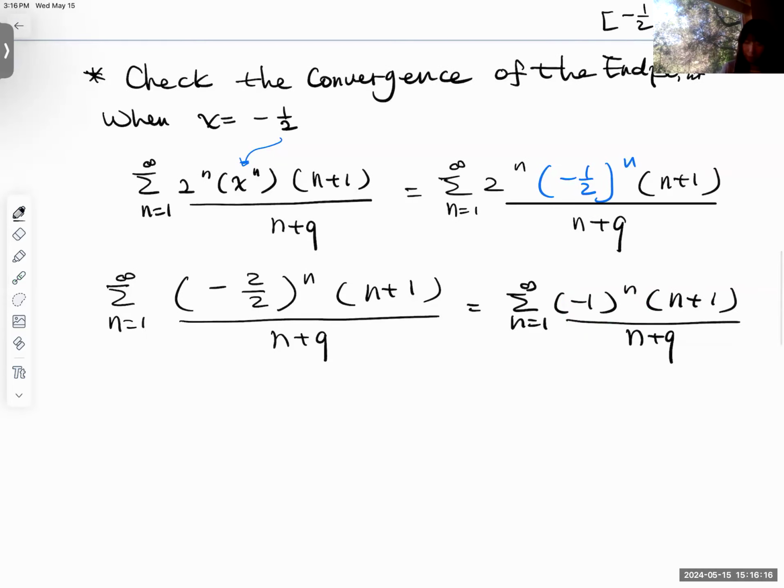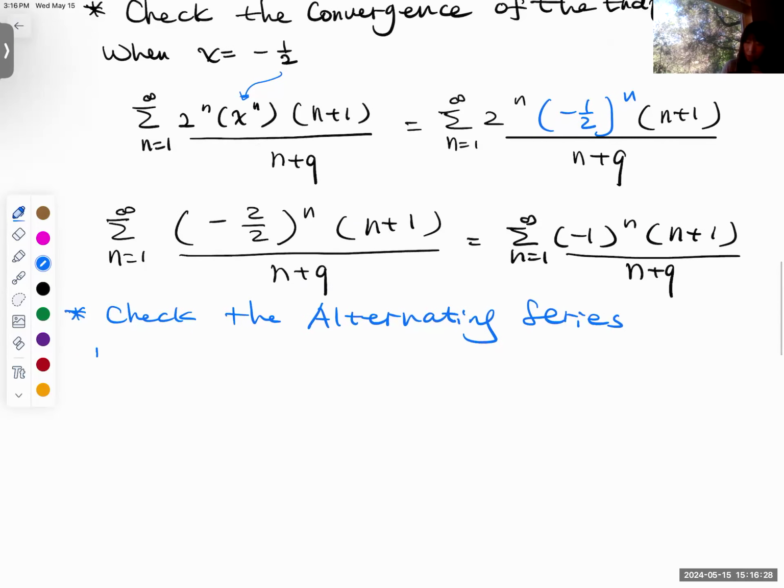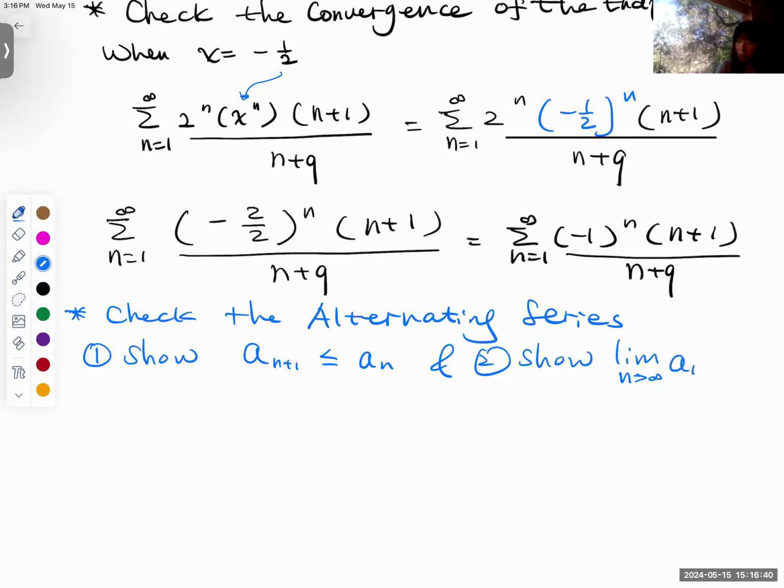Okay, so let us do this. Check the alternating series. Okay, then show a sub n plus 1 is less than or equal to a sub n, and show the limit as n approaches positive infinity of a sub n equals 0.